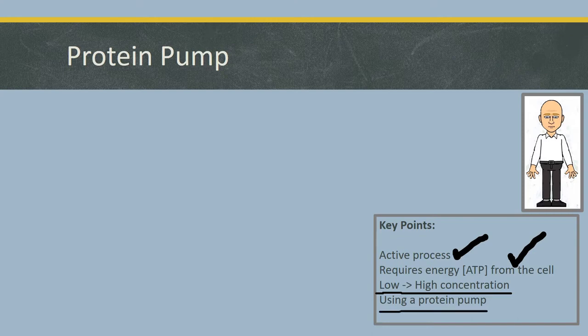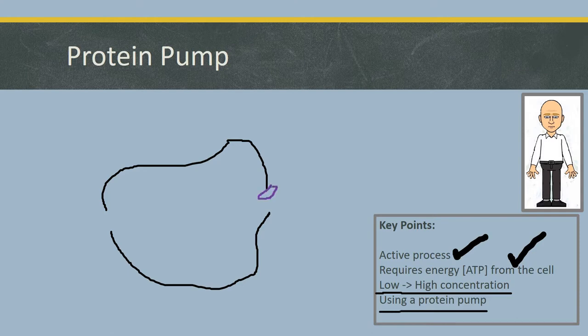Now the concept is rather simple. If we draw a cell membrane and we're going to put in something that looks like a V into that cell membrane, all we've got there is just another protein.